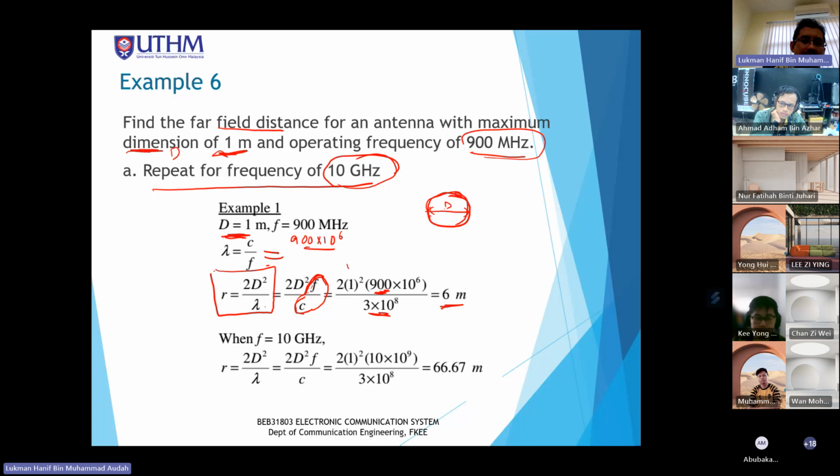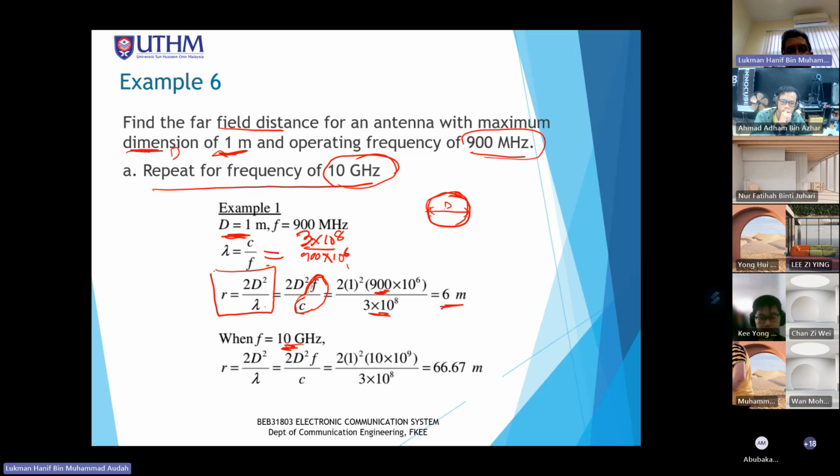So this is the speed of light, 3 times 10 power of 8, divided with 900 times 10 power of 6. Okay, so you're gonna get 6 meter.